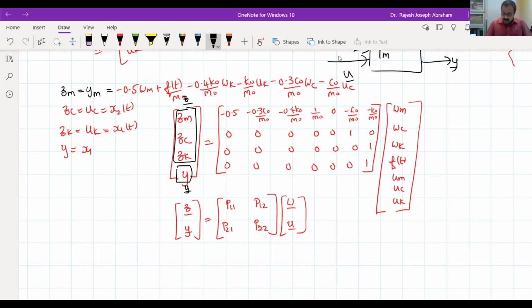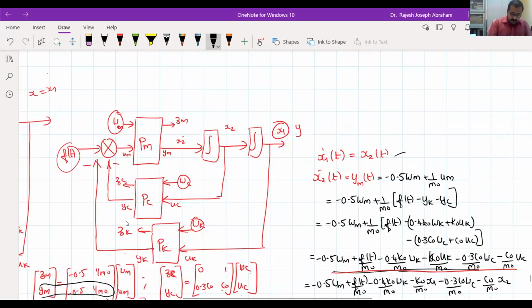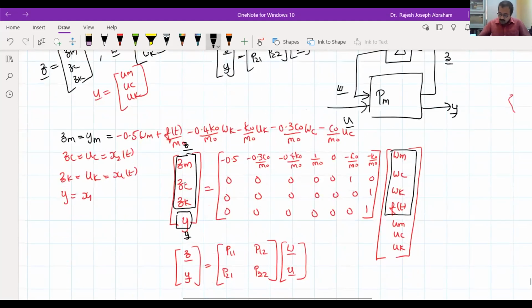W bar is these 4 inputs, the exogenous inputs. There are 3 exogenous inputs corresponding to the perturbation in 3 elements: the mass, spring, and damper, plus the external input signal, the forcing function f of t. Inclusive of that, we have 4 exogenous inputs. So this is our W bar, and this is our control signal U bar.